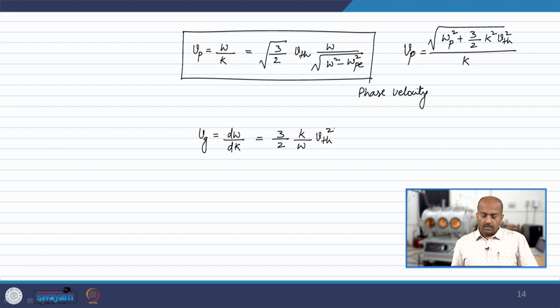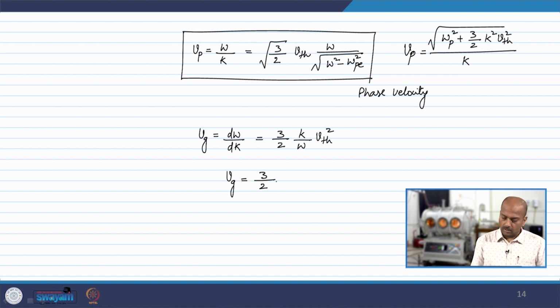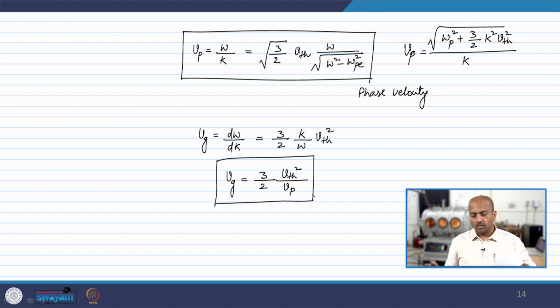Just take a derivative and you will get this, or Vg can be simplified to 3 by 2 Vth square divided by Vp. The group velocity is 3 by 2 times the thermal velocity square divided by Vp. Right. So, this is something about the electron plasma wave, which is actually transporting energy from one point to another point.